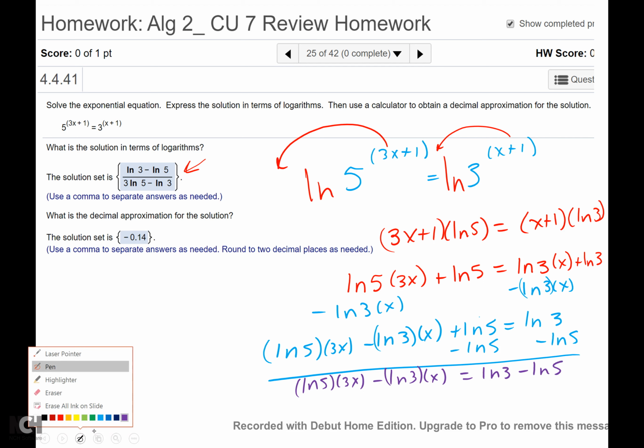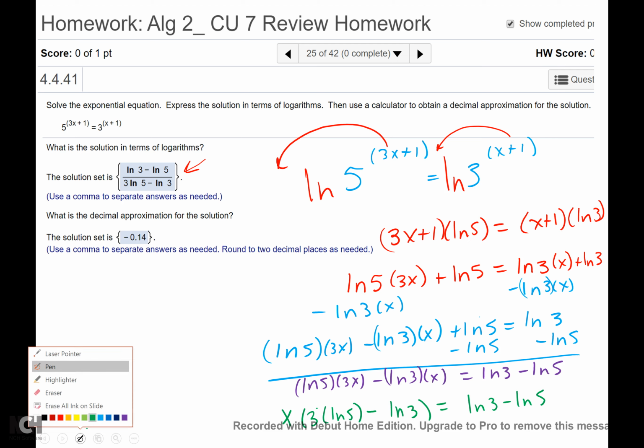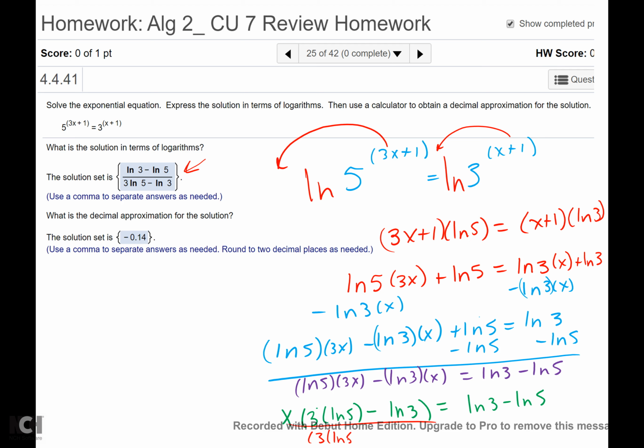If I pull an x out of both of these sides, I would have x times (3 ln 5 minus ln 3) equals ln 3 minus ln 5. There we go. So now to get x alone, I'm going to divide by 3 ln 5 minus ln 3. And there's where they got that answer.